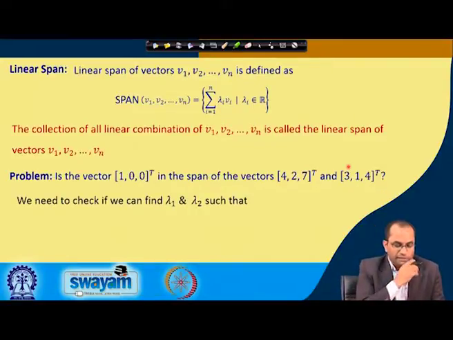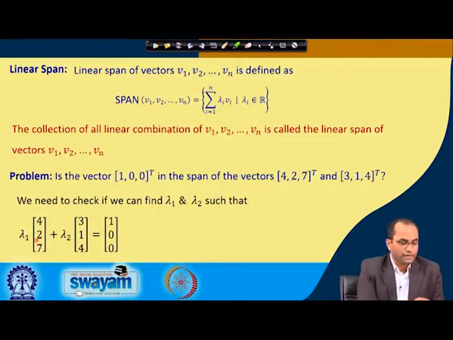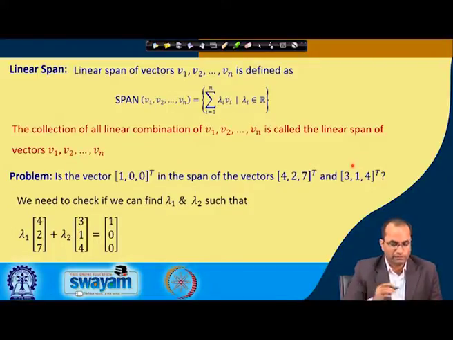We need to find lambda 1 and lambda 2 such that lambda 1 times the vector 4 2 7 plus lambda 2 times the other vector 3 1 4 will give us 1 0 0. Whether it is possible to find such lambdas, or the system is inconsistent, or it is a consistent system which can give us lambda 1 and lambda 2.